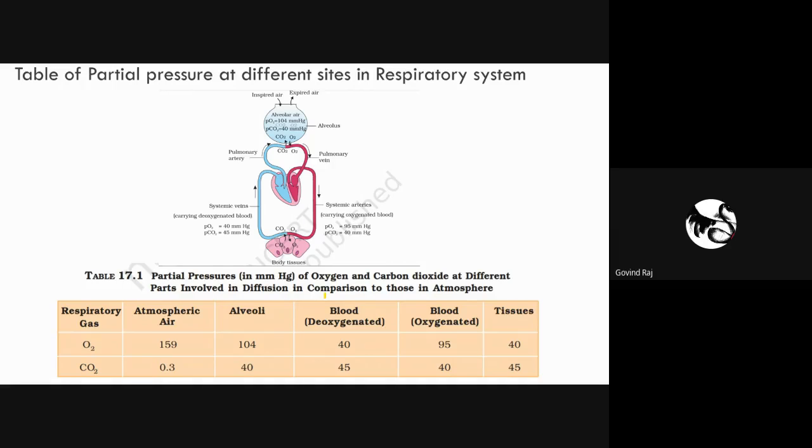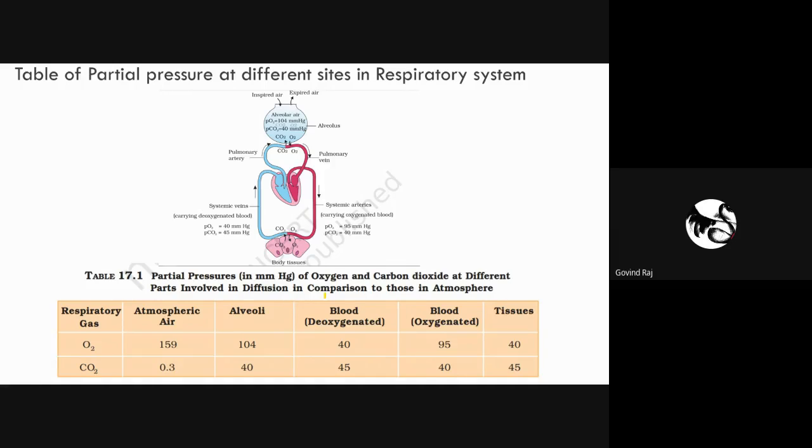This is the partial pressure table at different sites given in the CBSE textbook, so just go through it. Whenever an exchange takes place, it goes from higher partial pressure to lower partial pressure. Looking here, in alveolar air the partial pressure of oxygen, PO2, is higher.